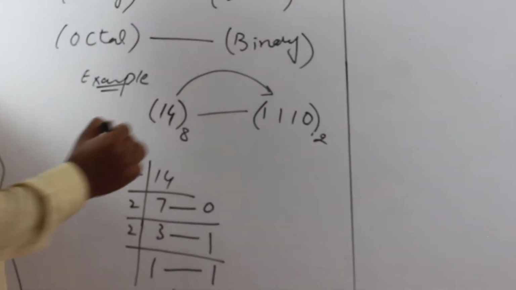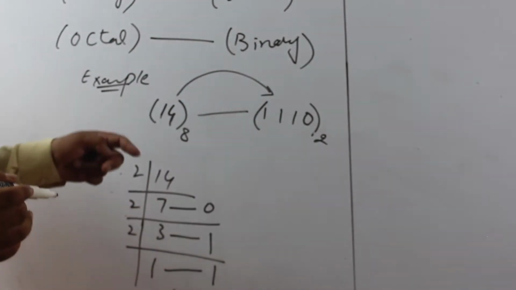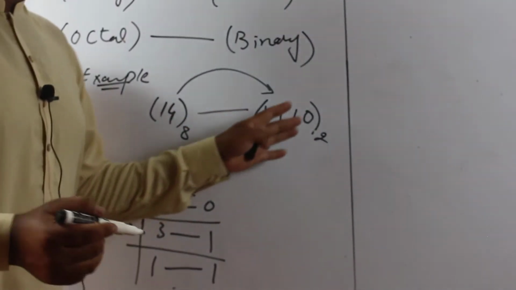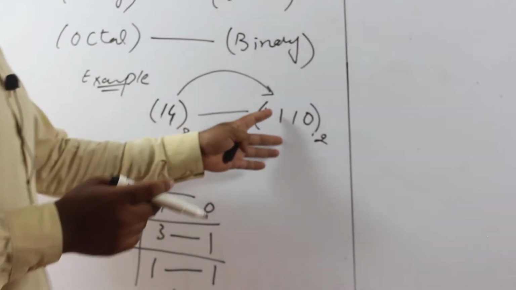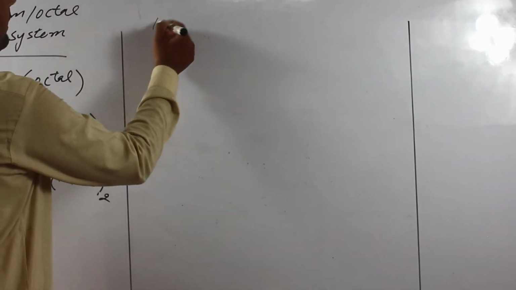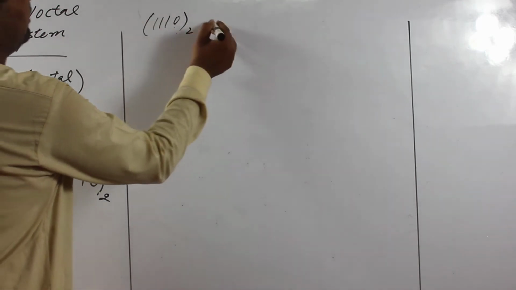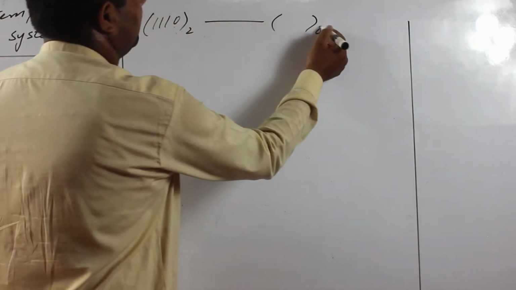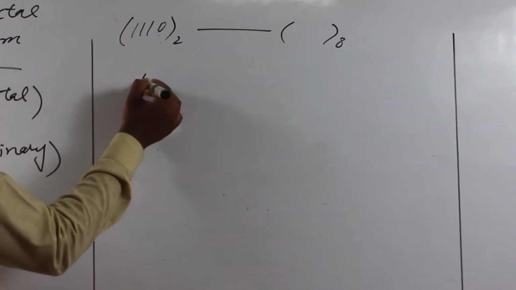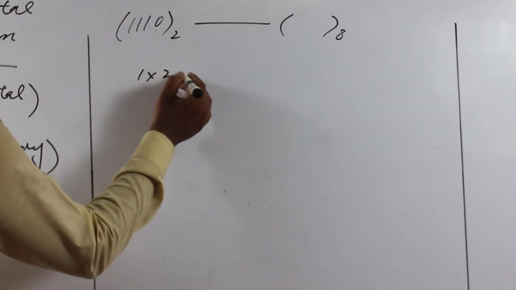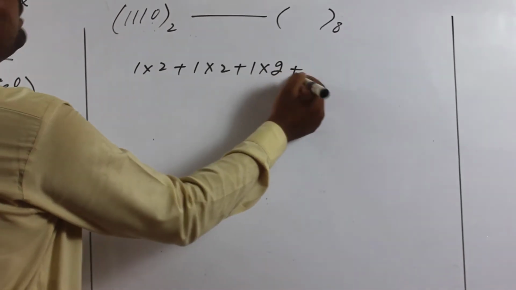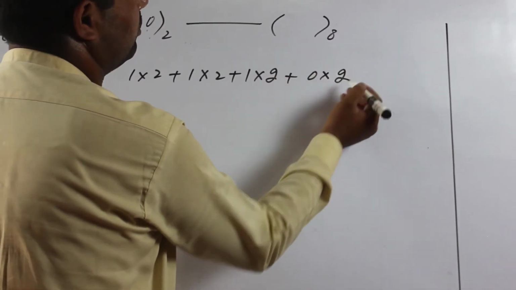When we convert the binary number system into the octal, then we use the expanding method. It means we apply the technique: 1 multiplied by 2 plus 1 multiplied by 2 plus 1 multiplied by 2 plus 0 multiplied by 2.